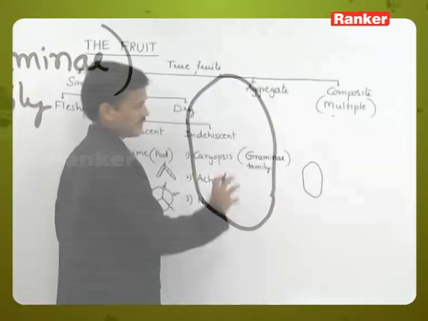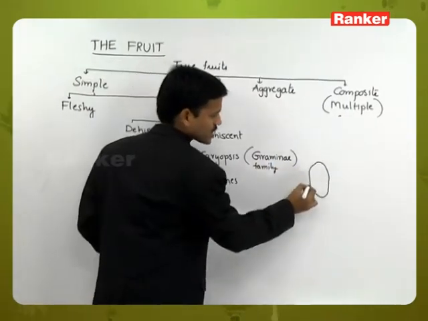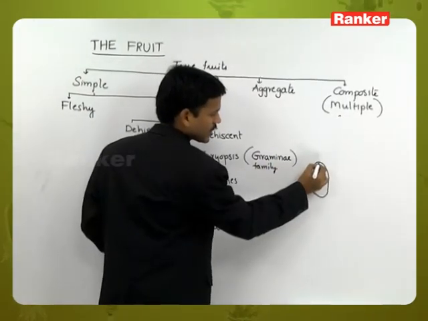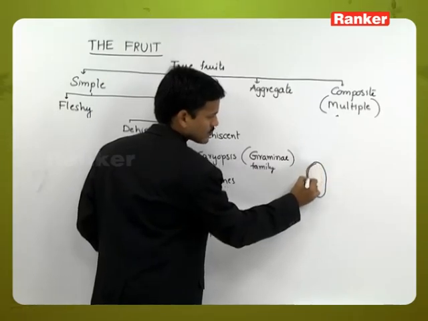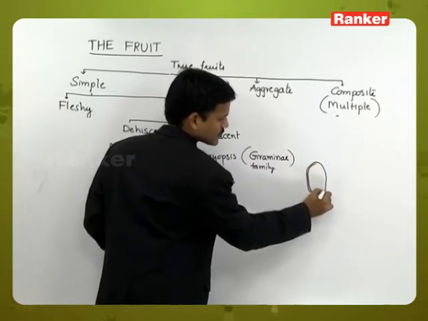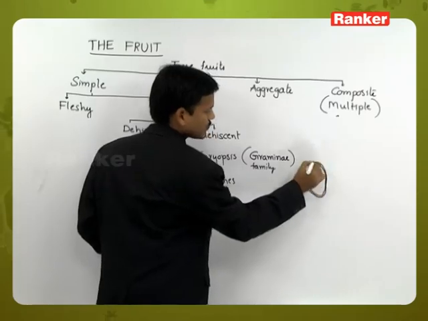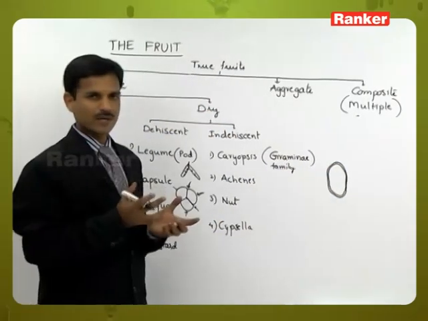like in rice grain or wheat. The fruit wall or pericarp and the seed coat are both fused, so we cannot separate them.